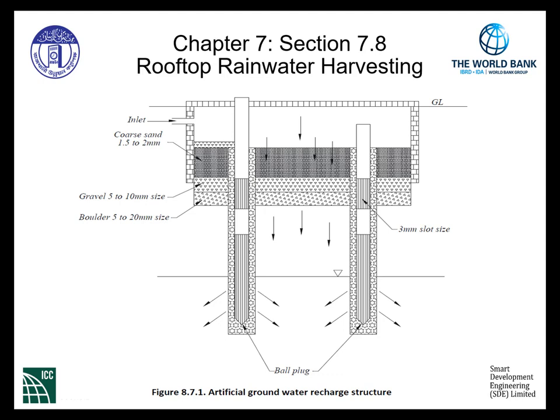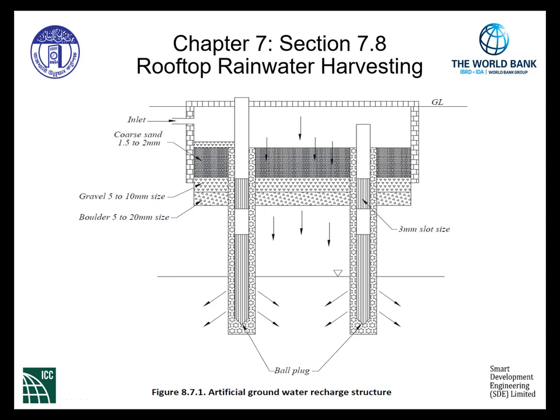Here's an example of a groundwater recharge structure. The structure, masonry, brick, or block, or concrete, is used to enclose various sizes of sand, gravel, and other aggregate to filter silt from the rainwater as it passes through. The rainwater is collected from a building via the gutter and downspout system and enters the structure at the inlet.